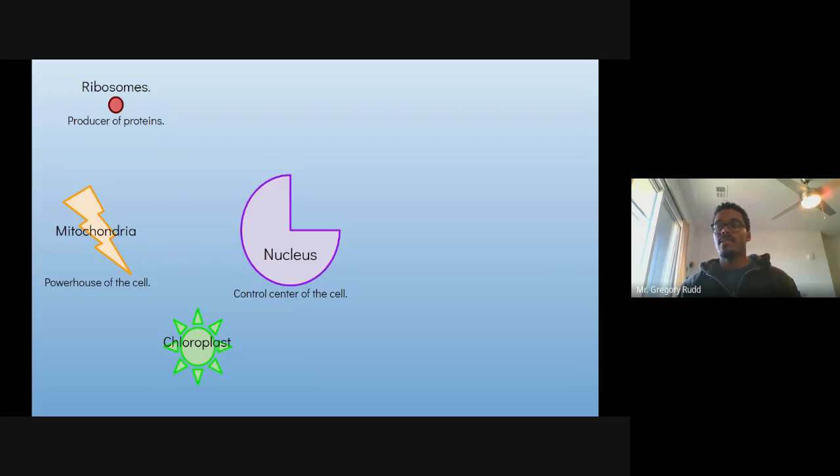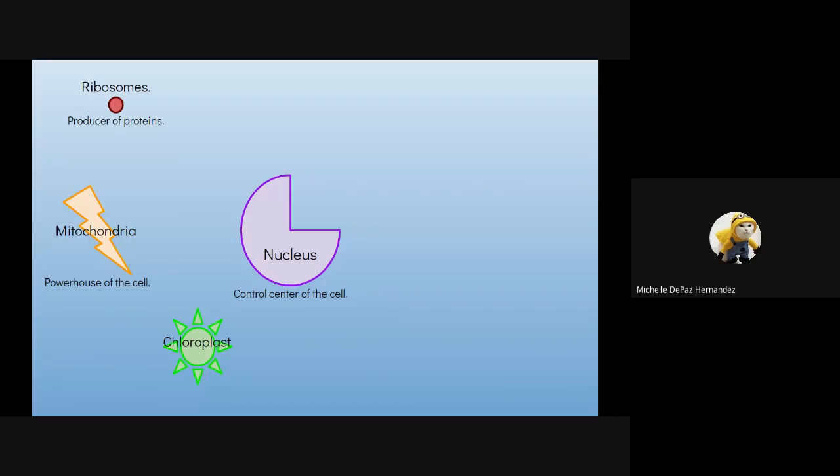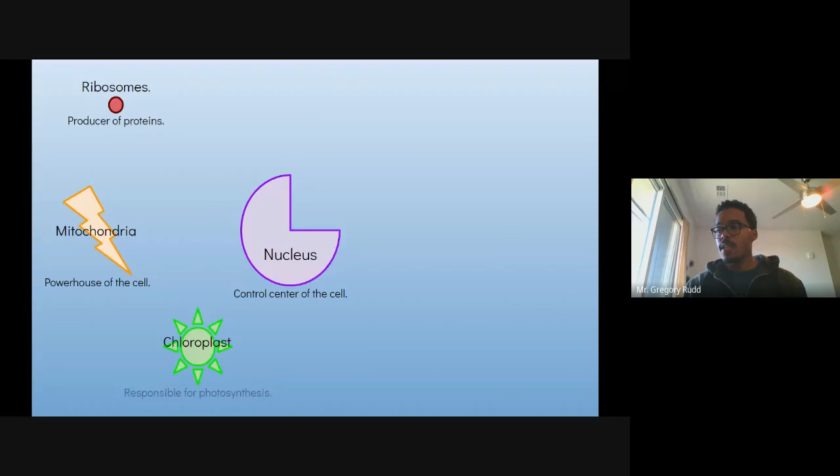Okay, the chloroplast. What's the function of the chloroplast? It does photosynthesis. And remember, this is only present in plant cells. We only find chloroplasts in plant cells. The vacuole. What does the vacuole do?